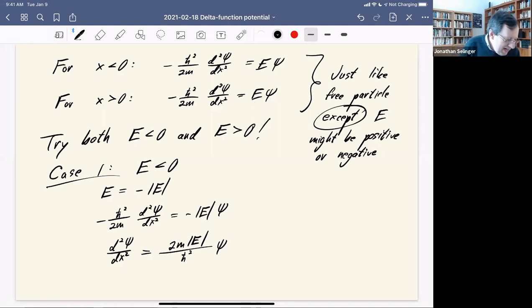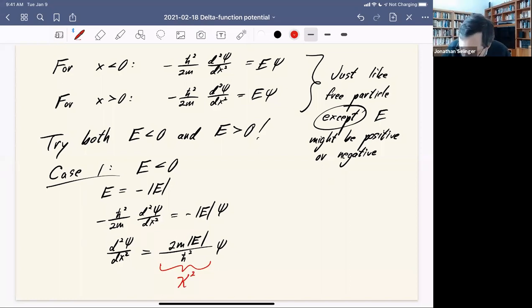Now, we can totally solve this, right? A second derivative is equal to a positive number times the function itself. Let's call this positive number kappa squared.